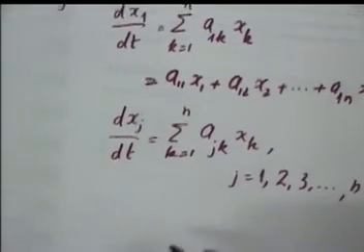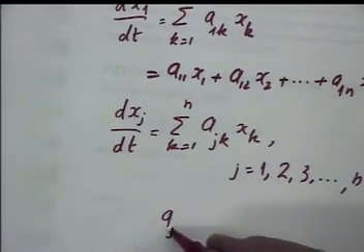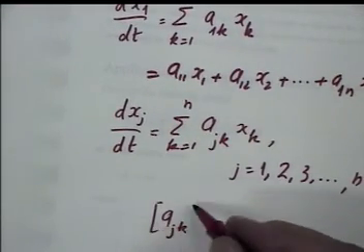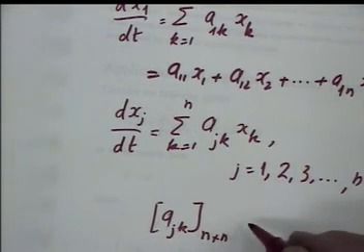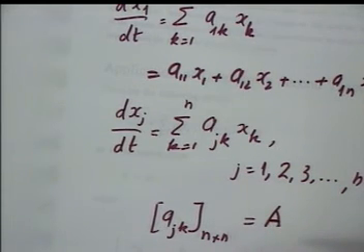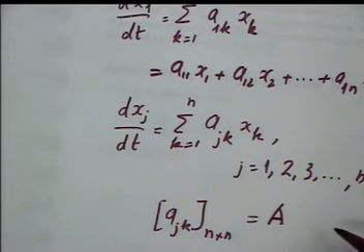Naturally, ajk forms a matrix because that is n by n. So this is a matrix A, and the ajk's are given.